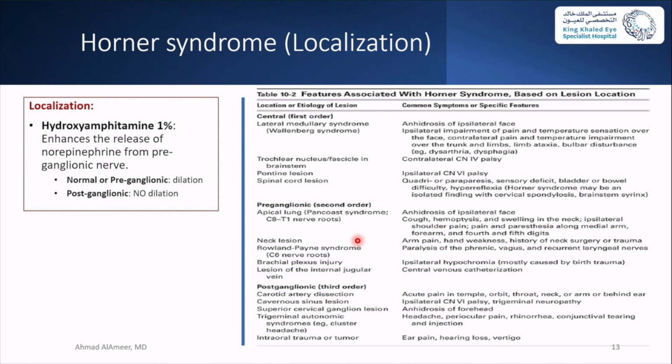If the patient is having ataxia, nystagmus, hemisensory loss, this might suggest a problem in the medulla. If the patient is having fourth nerve palsy, this might point toward the midbrain. If the patient is having sixth nerve palsy, this might point toward the sixth nerve nucleus. If the patient is having cough, hemoptysis, it might be a tumor in the chest, a pancreatic tumor.